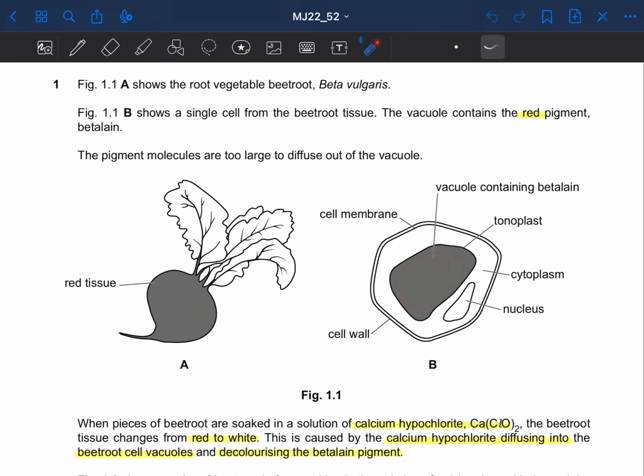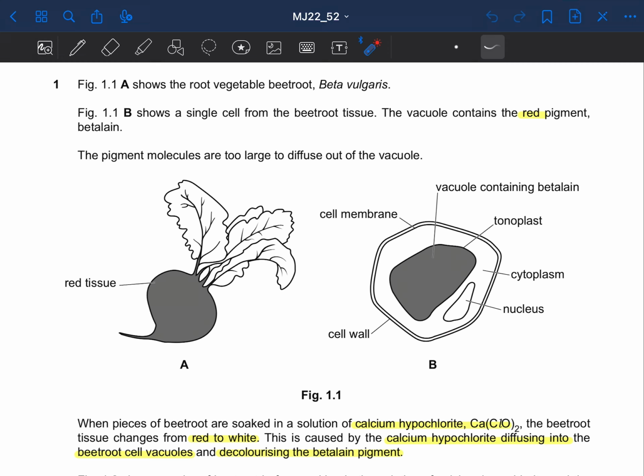When the pieces of beetroot are soaked in a solution of calcium hypochlorite, the beetroot tissue changes from red to white, and this is caused by the calcium hypochlorite diffusing into the beetroot cell vacuoles, causing the decoloration of the betalain pigment. So they've mentioned already here that the pigment is too big to diffuse out, but instead calcium hypochlorite is going to be diffusing into the vacuole.